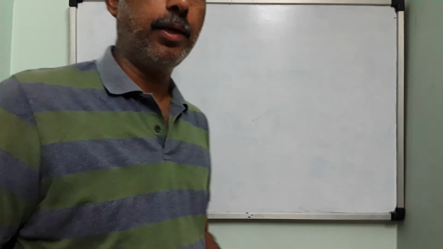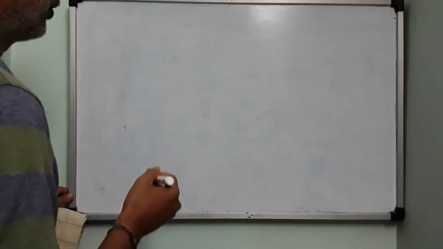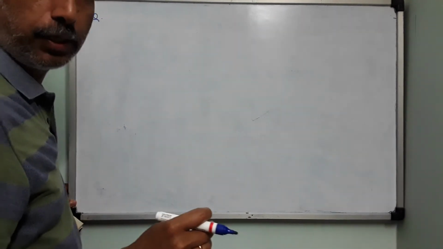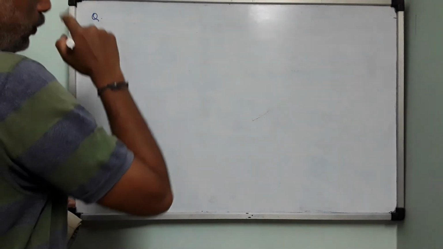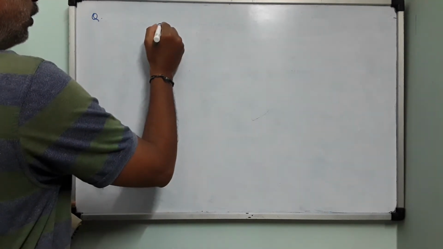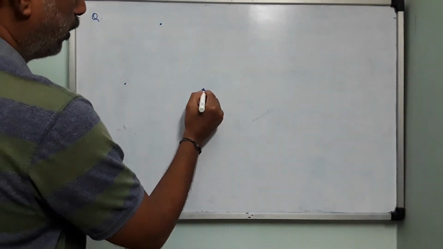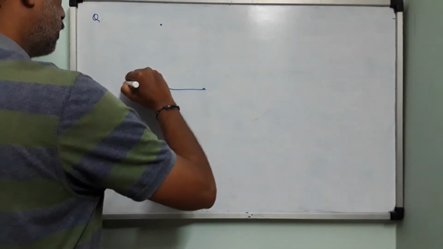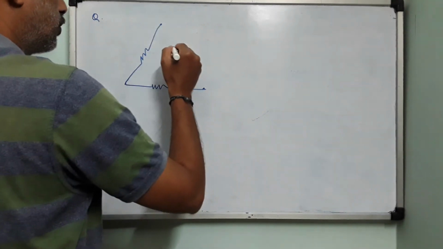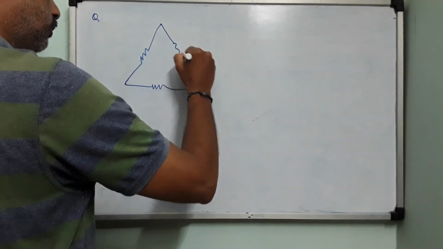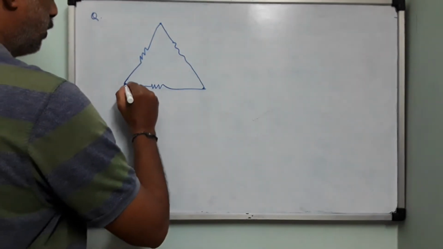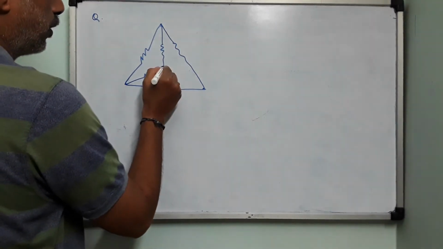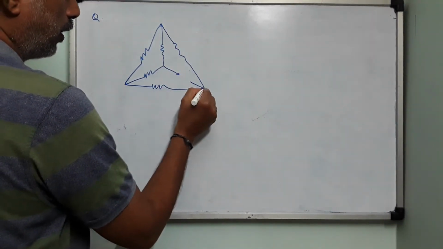Now the first question is based on Wheatstone's bridge. This was asked somewhere in 2017, and it consists of 5 resistors which are connected in the form of a triangle. Here there is one resistor, here is another resistor, this is the third resistor, fourth resistor, fifth resistor, and here is this point, and this is this point.